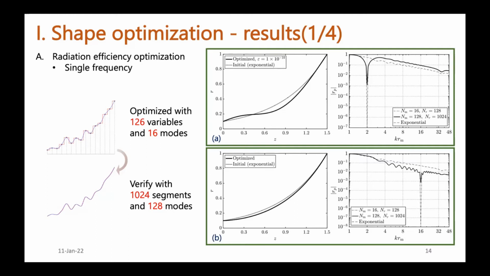We can see in the right column that after we increase the resolution, it still works, but the minimum value has risen to about the order of -3. We can also see that for the low frequency optimization, in the frequency band out of interest, it can be raised compared to the initial shape.